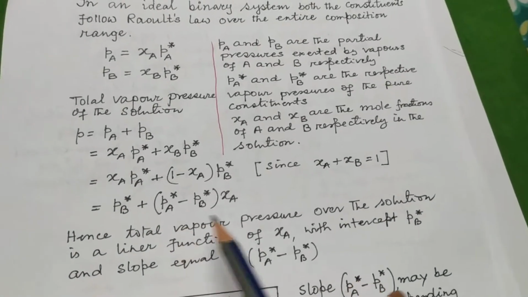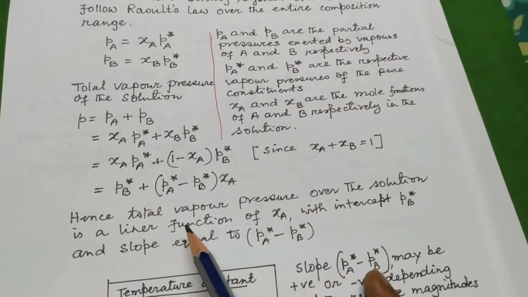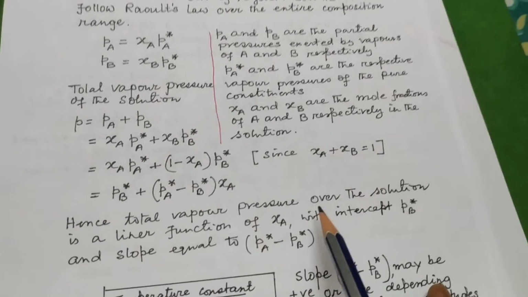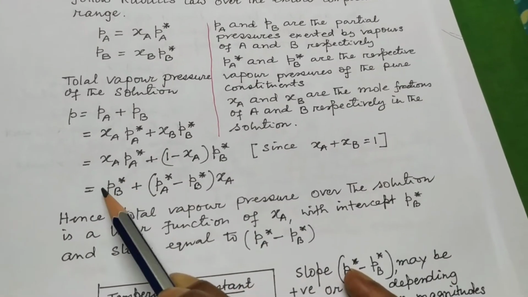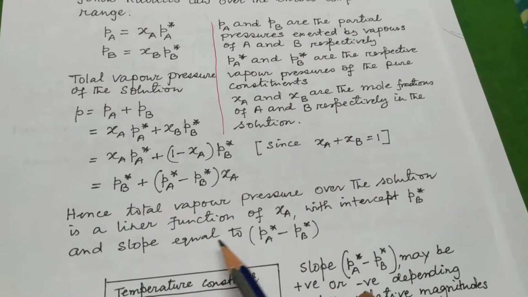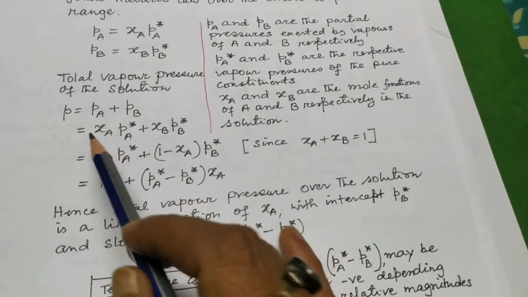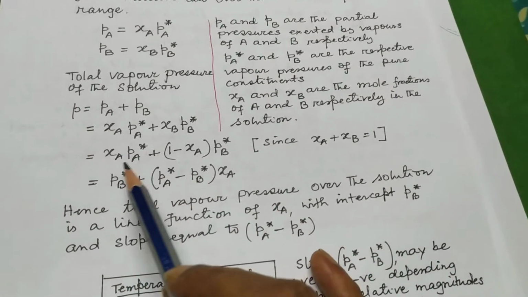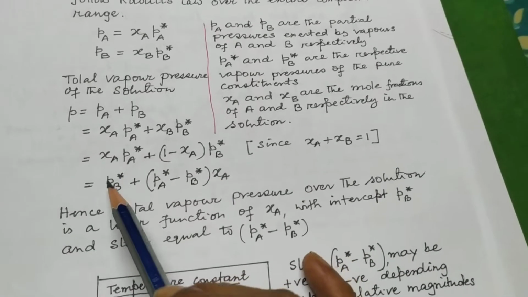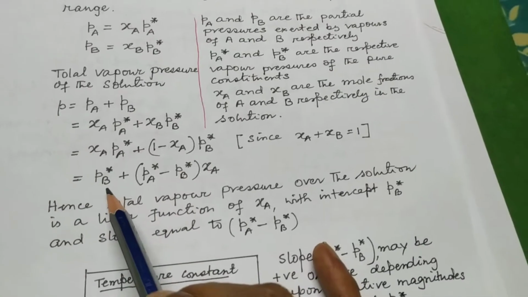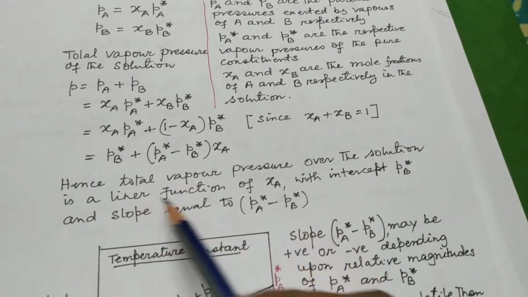Hence the total vapor pressure over the solution is a linear function of XA with intercept PB star and slope equal to PA star minus PB star. So this is the equation of a straight line, where the slope equals PA star minus PB star and intercept equals PB star.